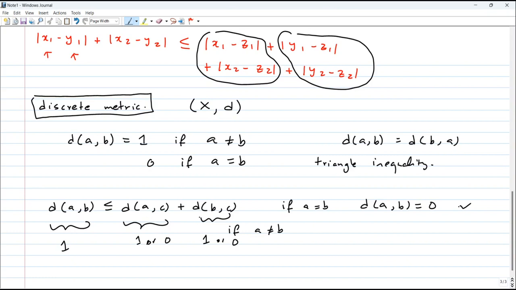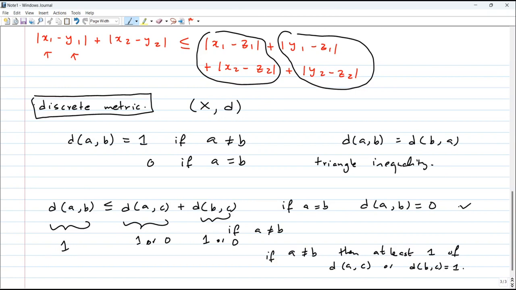But they can't both be 0, because C can't be equal to both A and B, since A and B are not equal. So the right-hand side is always bigger or equal to 1. If A is not equal to B, then at least one of d(A, C) or d(B, C) equals 1. So this inequality is satisfied.